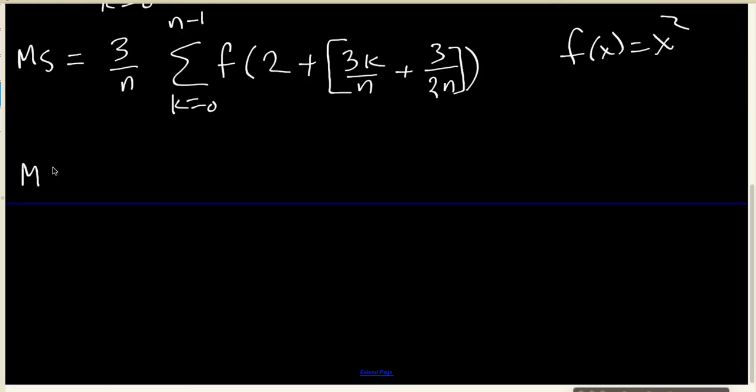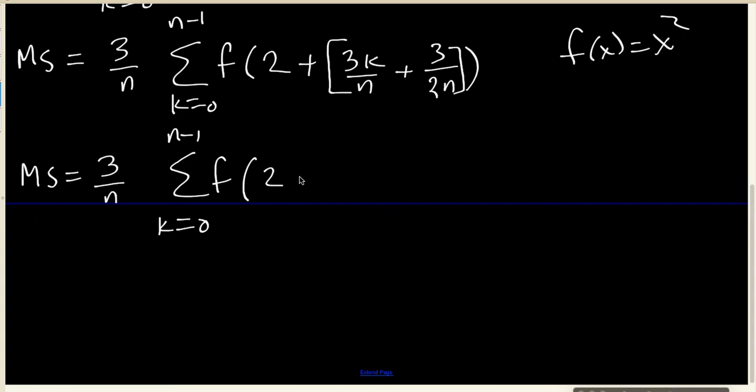So our middle sum is going to be 3 over n times the sum as k goes from 0 to n minus 1 of f of 2 plus. The common denominator here is 2n, so we're looking at 6k plus 3 over 2n.